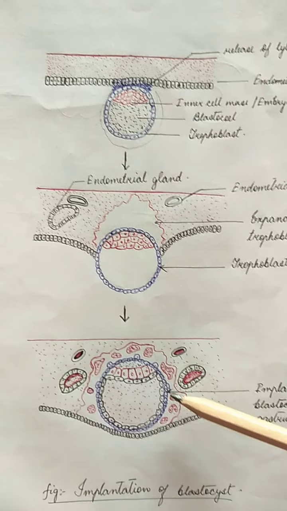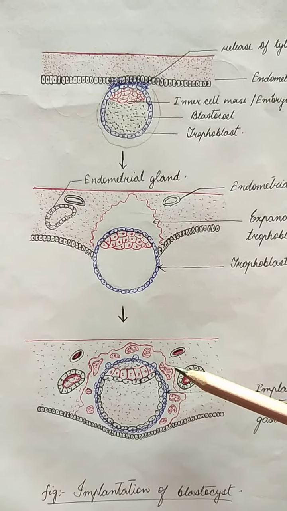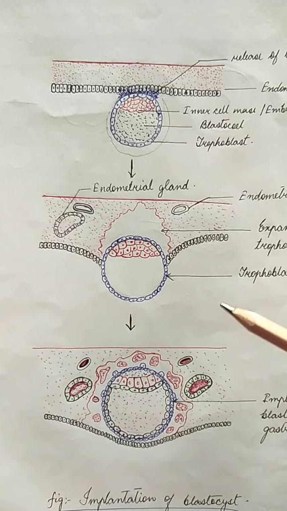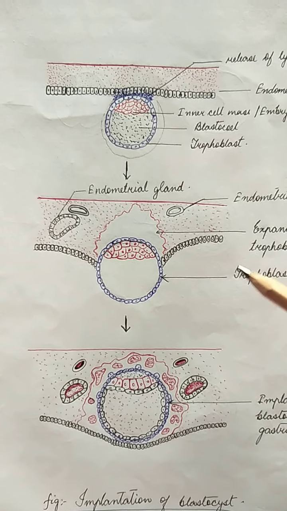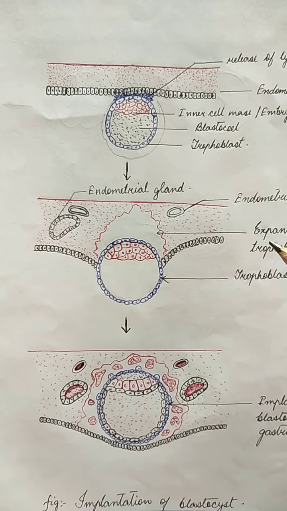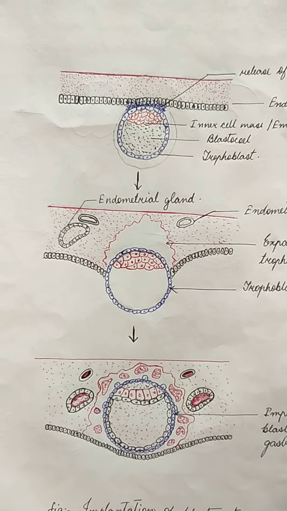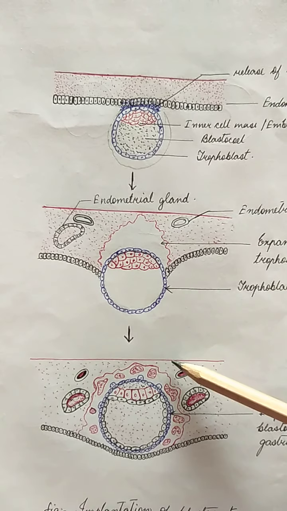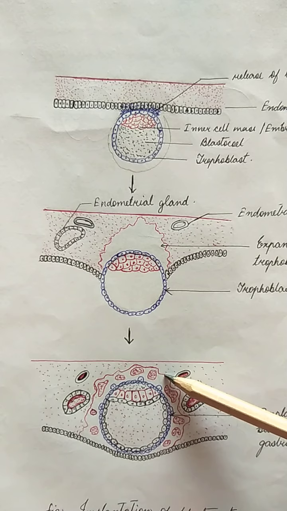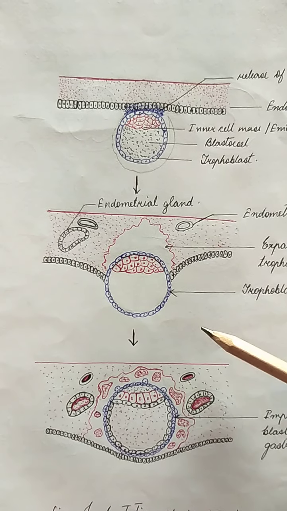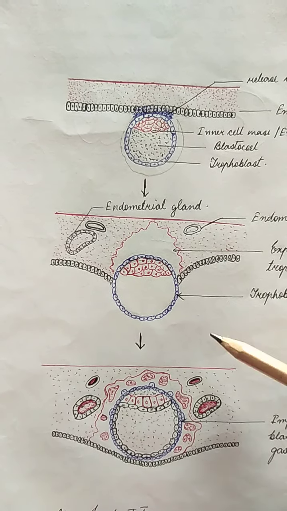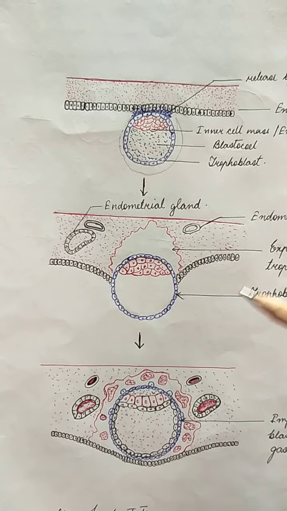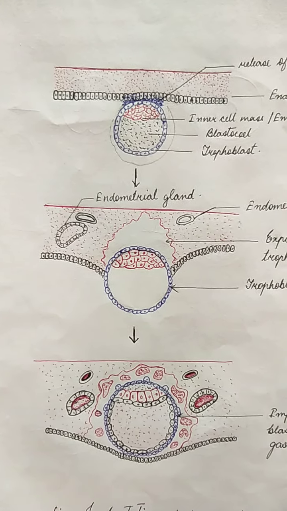Hence, in this way, a zygote from single-celled undergoes cleavage to form a multi-celled blastocyst, and in this way the blastocyst gets implanted into the uterus for further development.